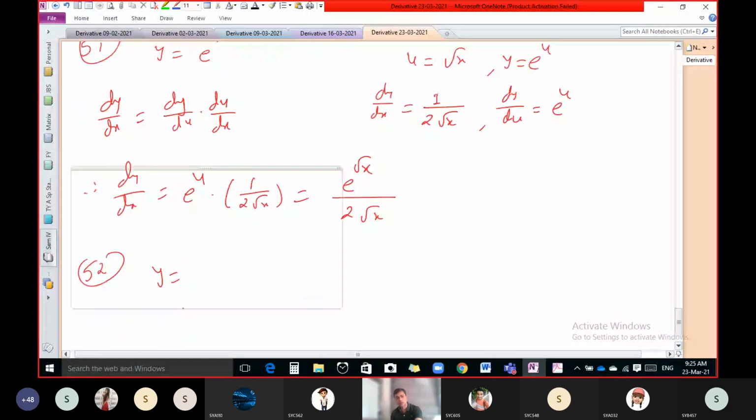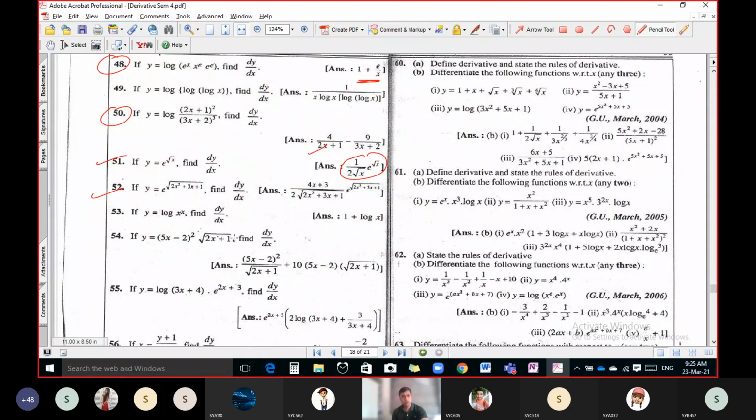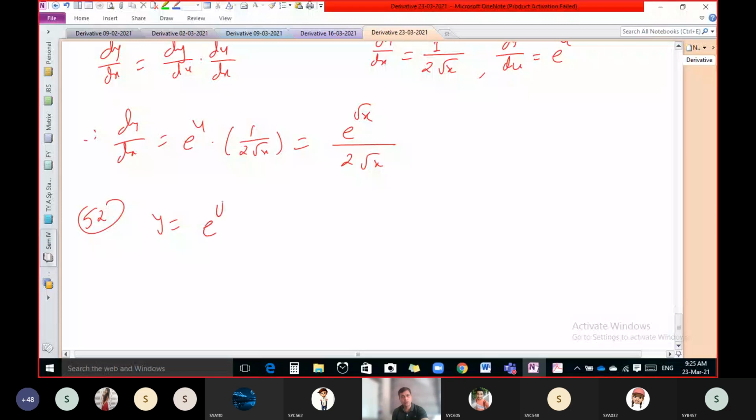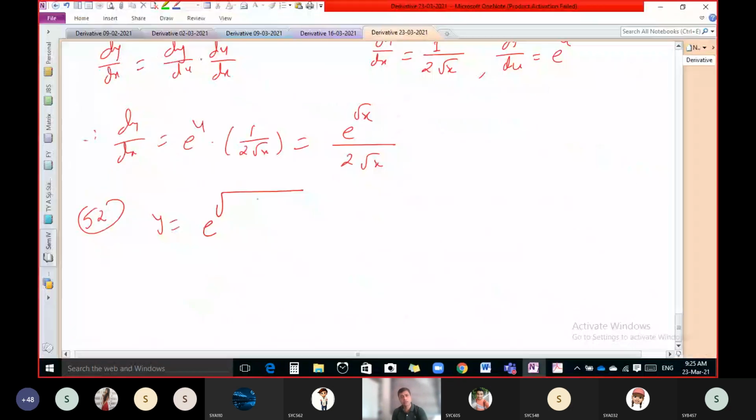Y equal to e raised to root of 2x square plus 3x plus 1. Same way, let us take u equal to root of 2x square plus 3x plus 1 and y equal to e raised to u. Now listen carefully, derivative of this du by dx.